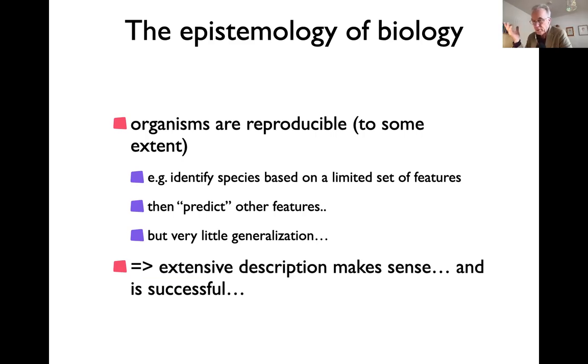Some of you might know there are these books that list the number of characteristics you need to uniquely classify a specimen as belonging to a particular species, and typically 5 is enough, up to 7 sometimes. And when you do that, let's say you characterize the plant by its leaves and the form its seeds take and so on, then you can predict other things about these plants.